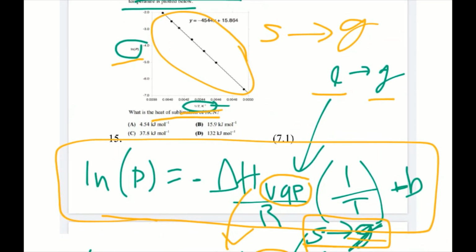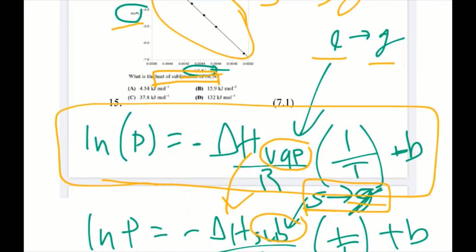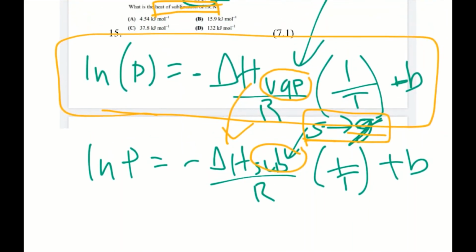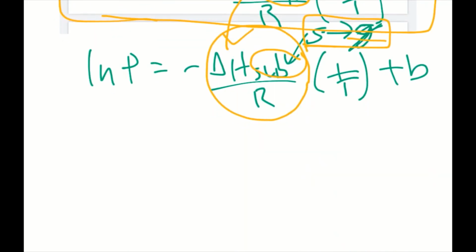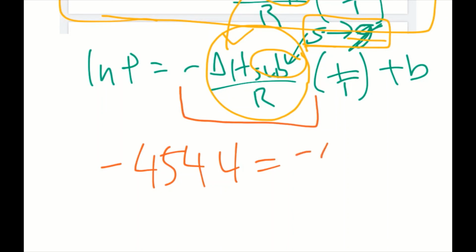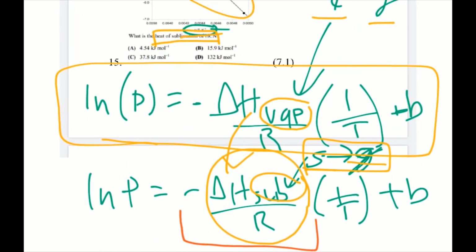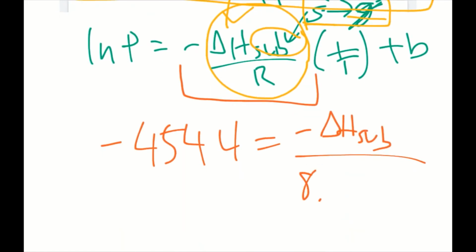Let's now figure out what this question is asking. It wants the delta H of sublimation, and we can find it by looking at the slope. The slope seems to be negative 4544, so negative 4544 is equal to the slope of this graph. The slope is negative delta H of sub over R. Since they want it in kilojoules, we use 8.31 times 10 to the negative 3.